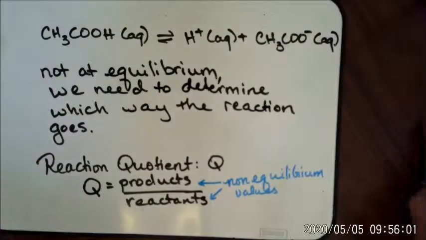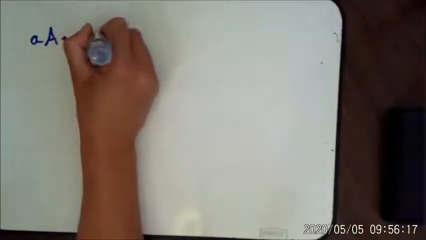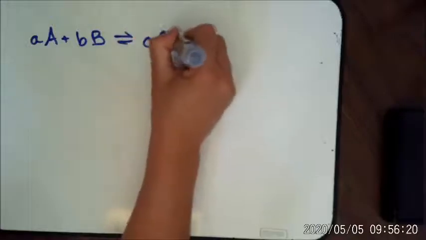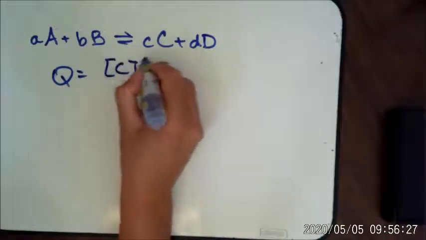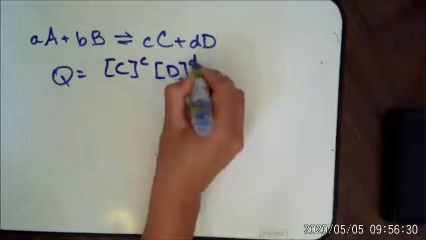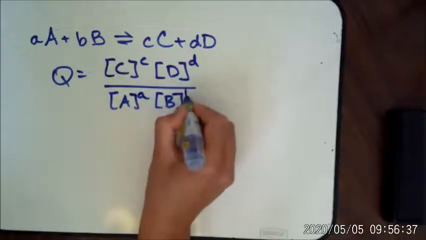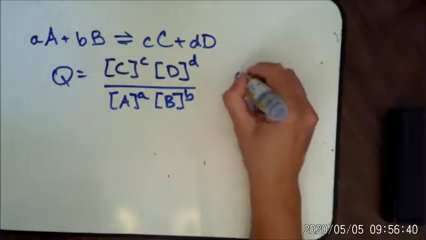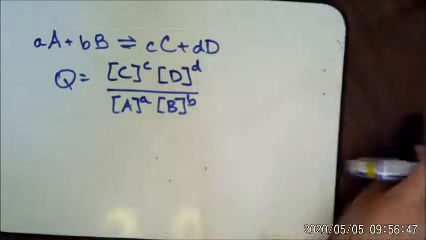So, in the most general terms, if you have your general equilibrium equation, Q is equal to C to the power of C, D to the power of D, over A to the power of A, B to the power of B, and the values are just at non-equilibrium, or let me just say not at equilibrium.